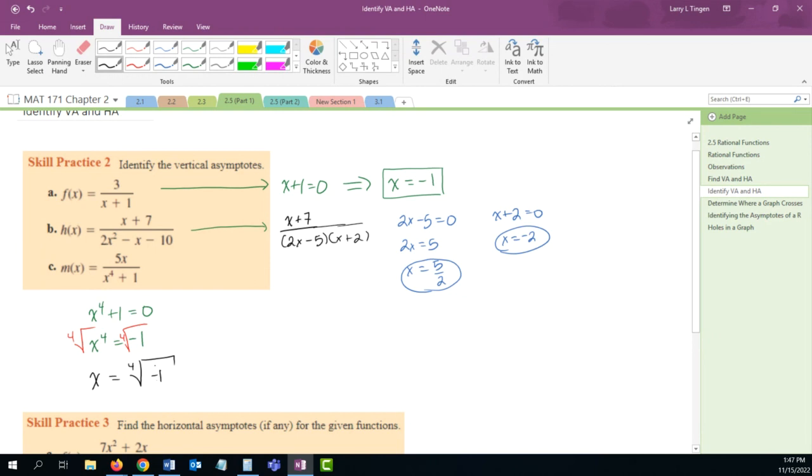I can't pull anything out here because I'm actually taking a 4th root, but my problem still results in imaginary solutions. So that means no vertical asymptotes, just like before. Because I ended up with a negative under an even root, I'm not going to have any vertical asymptotes here. Right? I only want real numbers that solve the denominators.